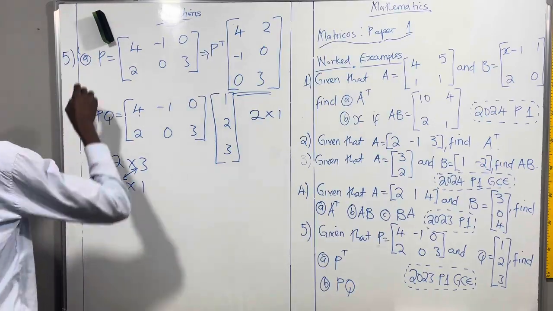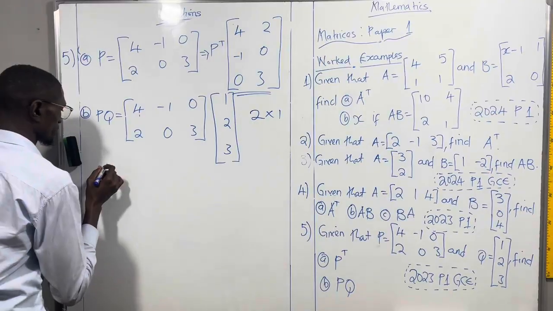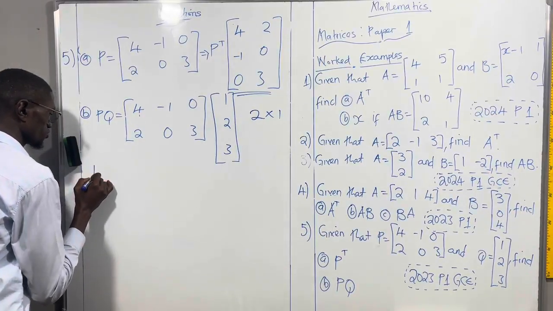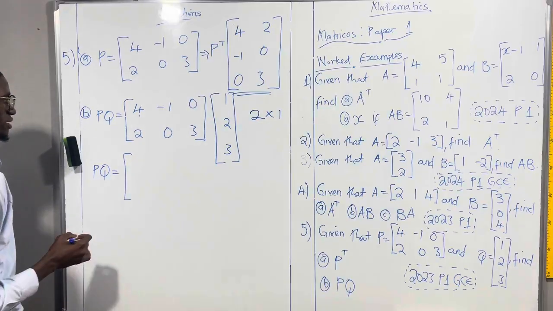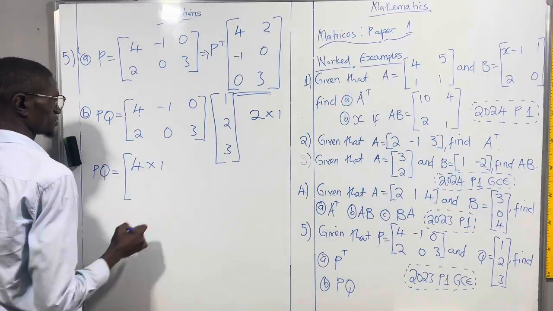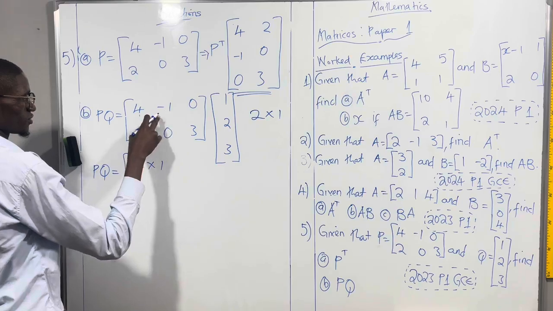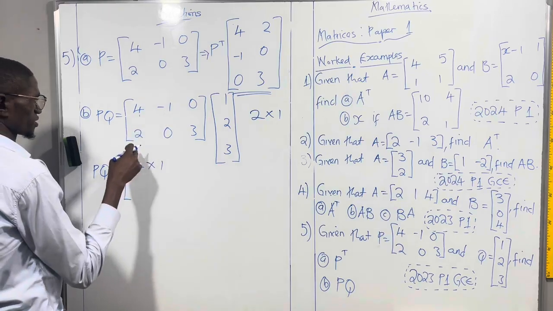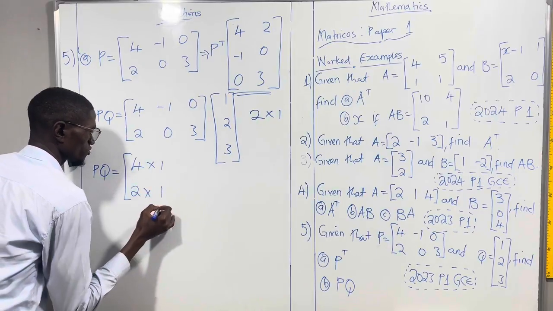So now start multiplying. We're going to say PQ is equal to a 2 by 1. So this row times that column: 4 times 1, and then negative 1. Okay, let's list everything down here. We have 4, 2 there, so put a 2 there times the same value.